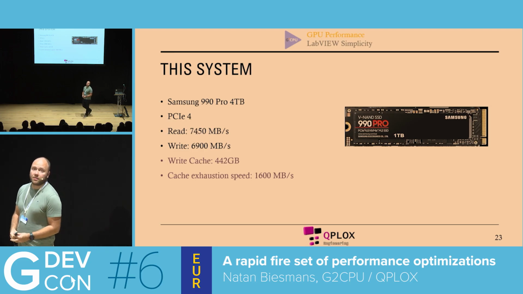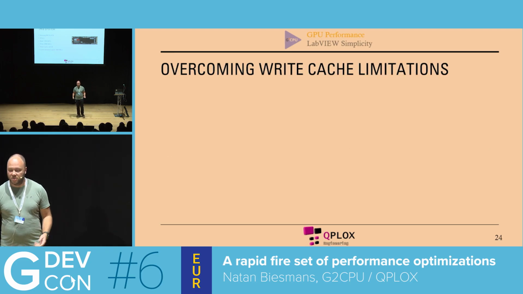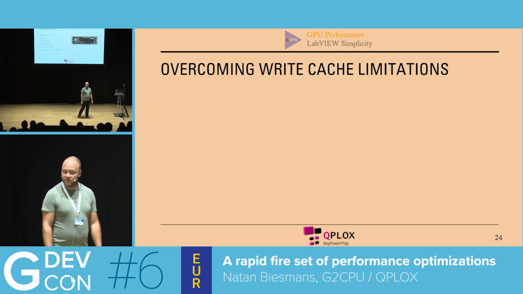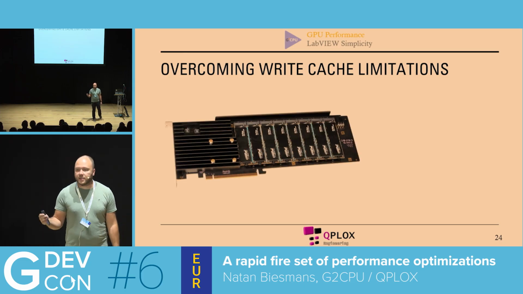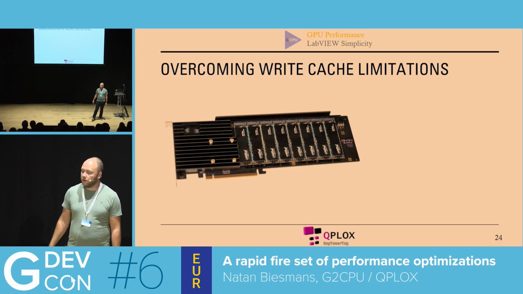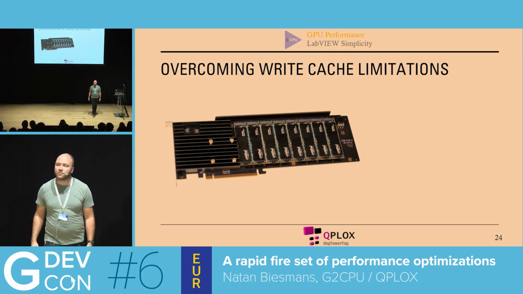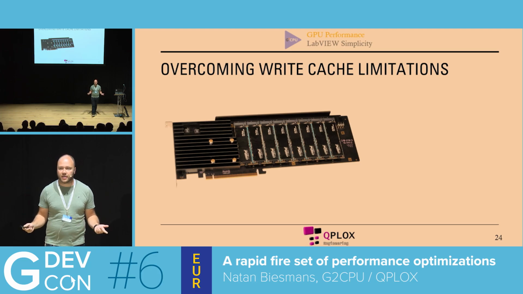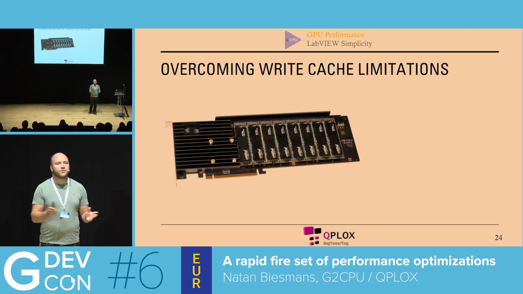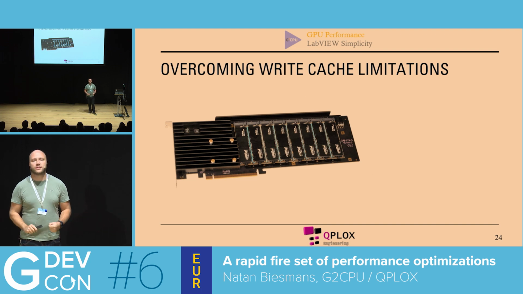Again, I'm giving a problem without a solution. It's just complaining. So let's talk solutions. Write cache limitations. Well, the easy solution is using a RAID array. Instead of writing at the full speed of each disk, for example, 8 gigabytes per second, we can write to 8 disks at 1 gigabyte per second.